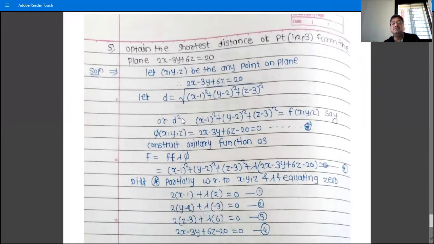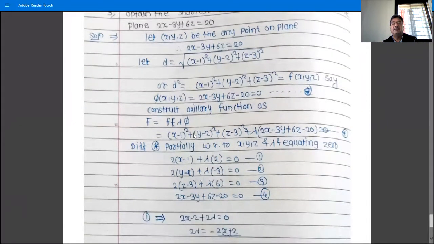In order to simplify further calculation, instead of d we take d square. That's why we can find derivatives of this quantity with respect to x, y, z easily.